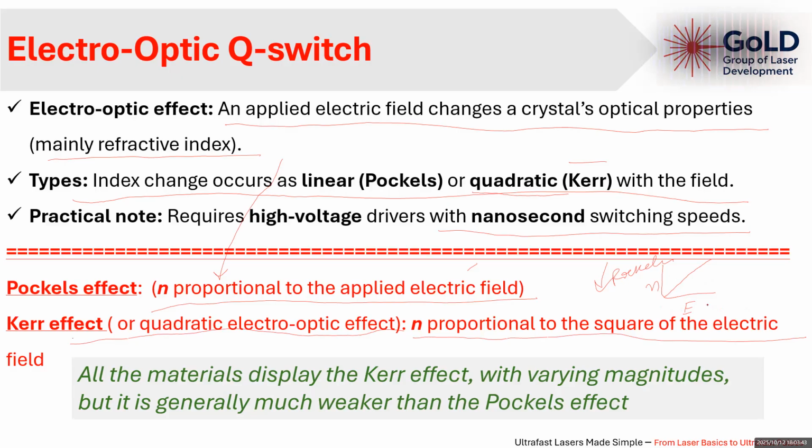But in the case of the Kerr effect, you need twice the electric field as compared to this one to get the same change. So if you apply half the electric field here, this effect will not be prominent. You will not see this effect. For the Kerr effect, you need a very high electric field.